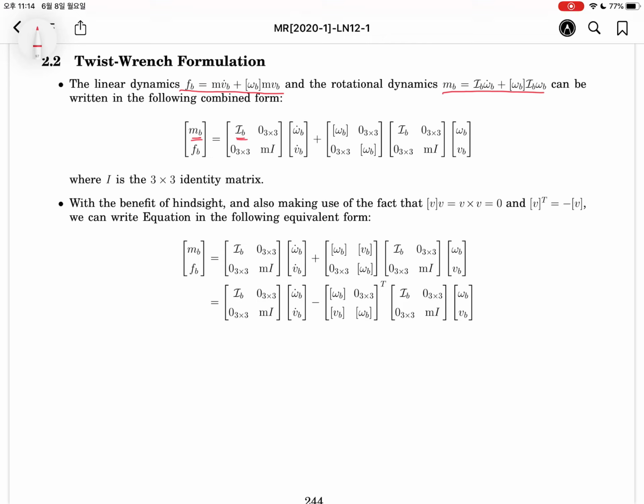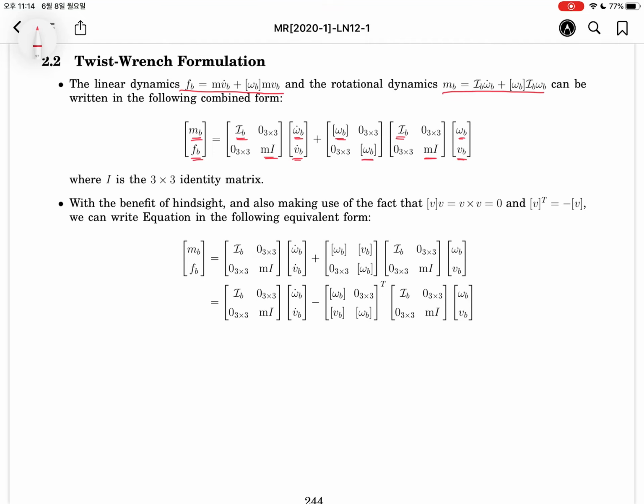I_B omega_B dot plus omega_B cross I_B omega_B. It completes the rotational dynamics. On the other hand, the linear dynamics is m v_B dot plus omega_B cross m v_B. It makes the linear dynamics.